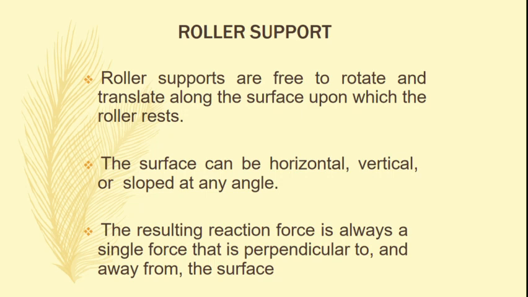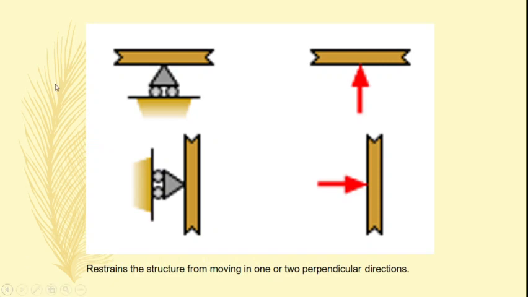Here this beam can rotate or translate in this direction, but it cannot translate in the perpendicular direction, perpendicular to the surface. That is why we get one reaction force only from this kind of roller support, which is perpendicular to the surface.